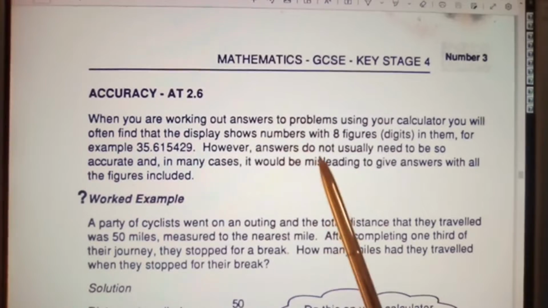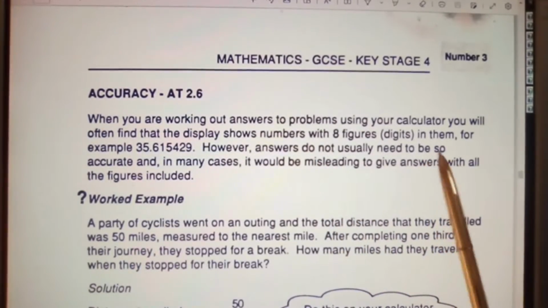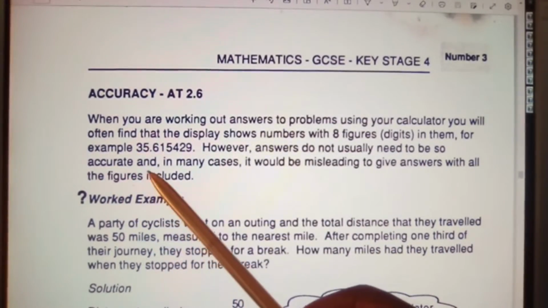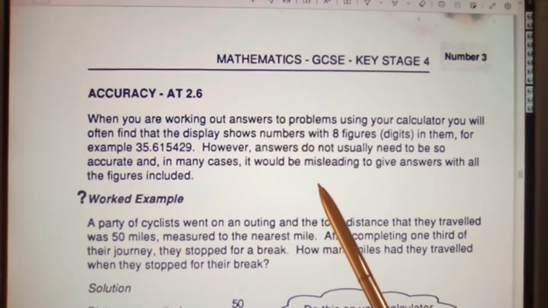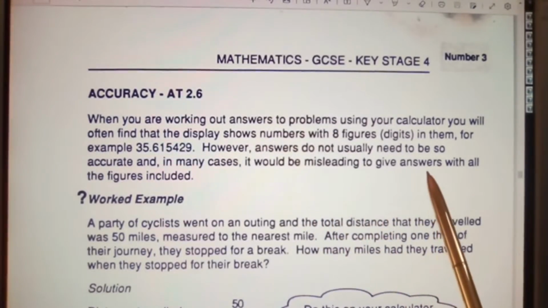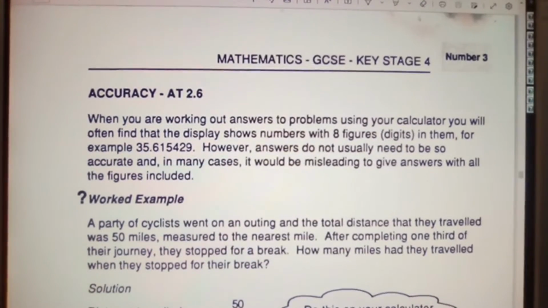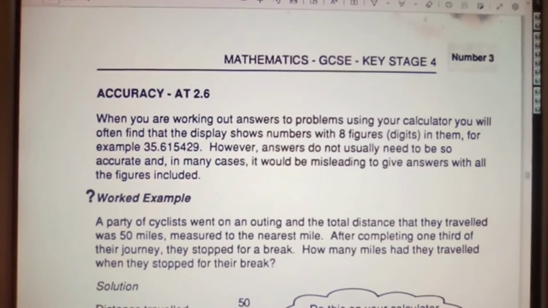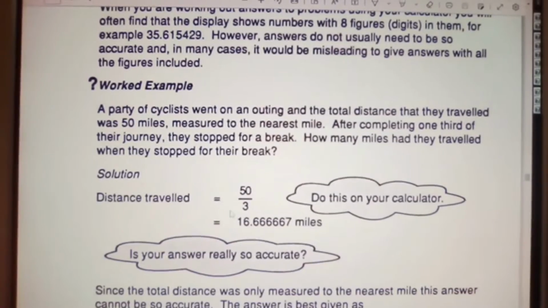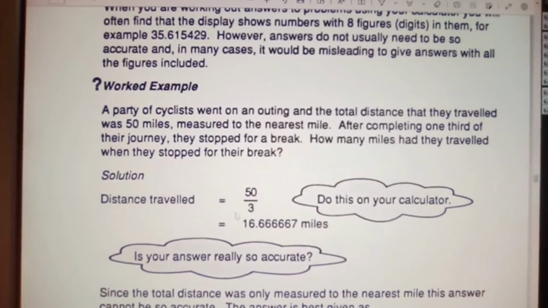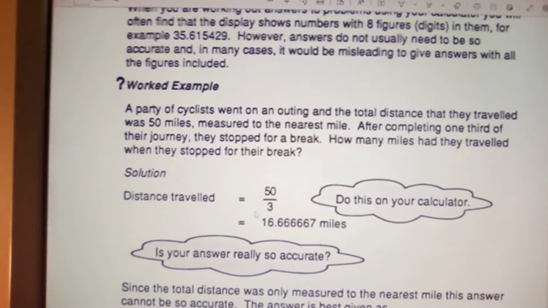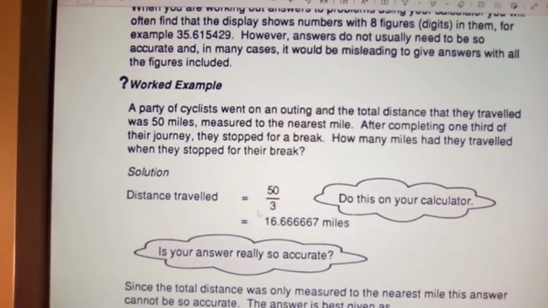However, answers do not usually need to be so accurate, and in many cases it would be misleading to give answers with all the figures included. Okay, so I want to explain that when we're dealing with numbers, it's important that we come to a certain point of accuracy that is acceptable worldwide and universal.